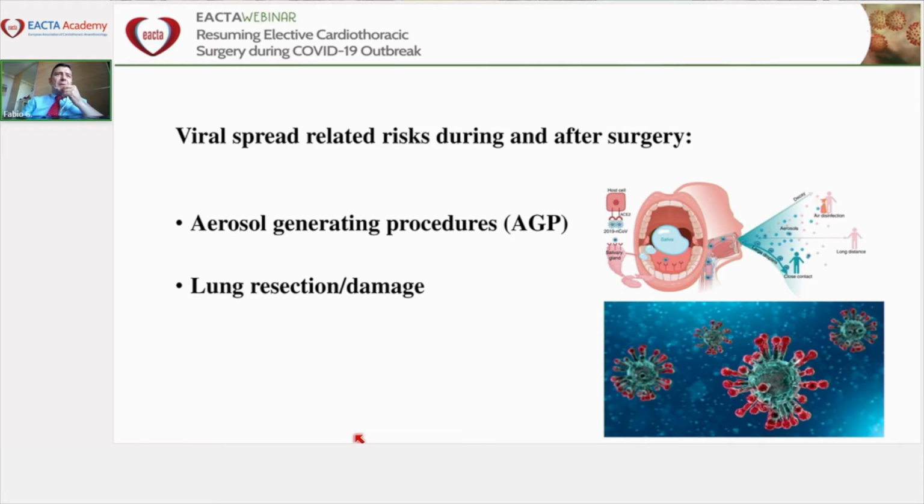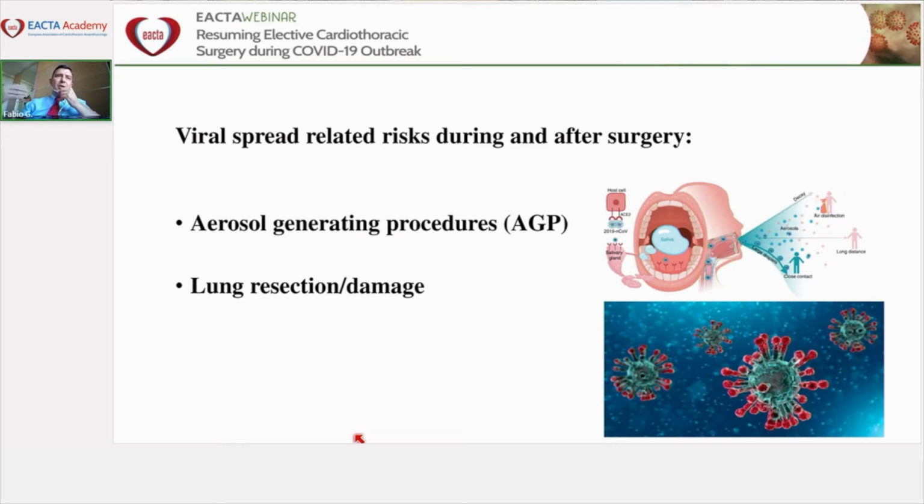So, where do the risks come from, both intraoperatively and postoperatively during this time? Well, basically, they come from the COVID-19 virus, as we all know. And so what we should mainly take care of are the so-called aerosol generating procedures.